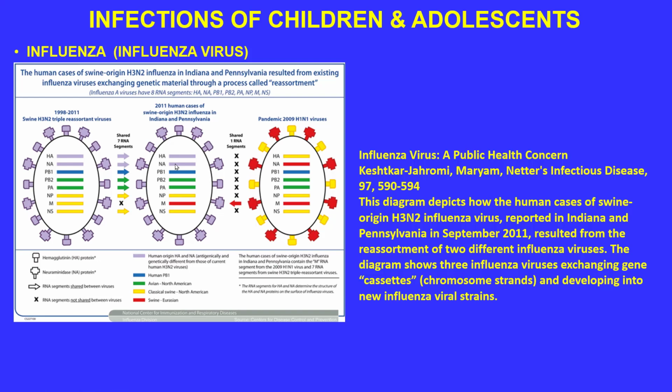This is where we get into the concept of antigenic shift and antigenic drift. Shift is when you make a large genome change. Okay? Drift is when you have, let's say, a point mutation on one of the strands.